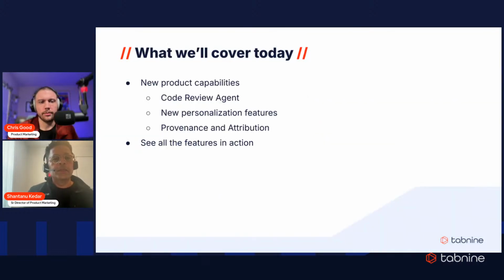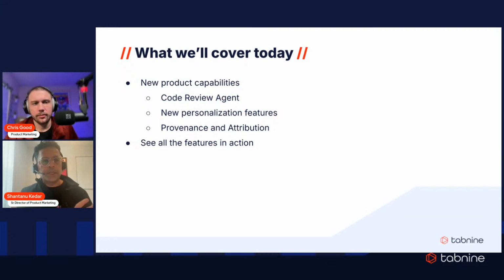Next slide. All right, so that was a brief overview of Tabnine, who we are as a company, and our core capabilities. So here's what we'll be covering in today's session. As I mentioned, we have quite a few new capabilities that we want to showcase in this session. We have the code review agent. We have several new personalization features.